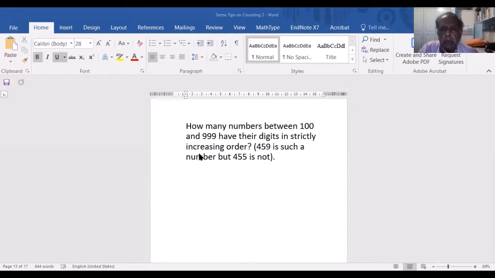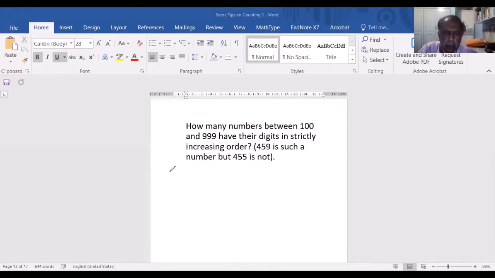So how many numbers between 100 and 999 have the digits in strictly increasing order, right? So in other words, like 459 is such a number, but 455 is not strictly increasing. So how many such numbers are there? Well, if you think about this, you got a 3-digit number.